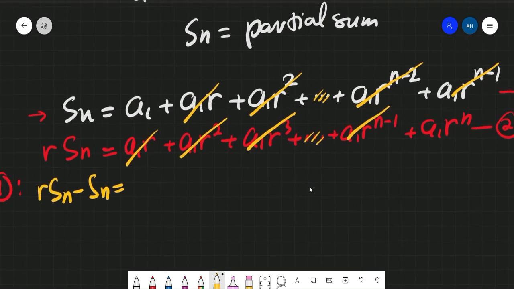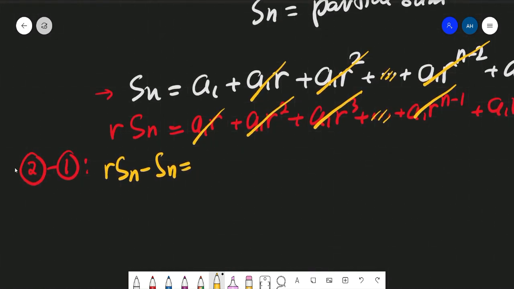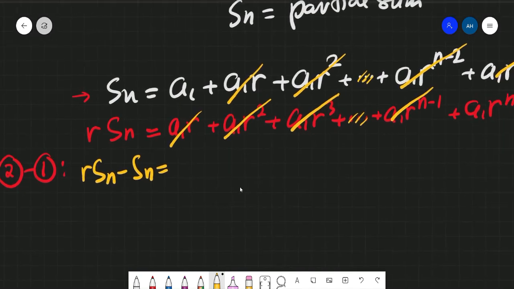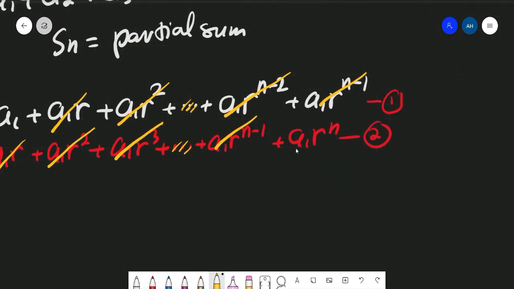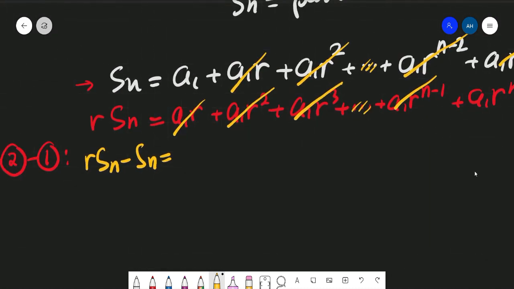So what's left after we do this operation, that is 2 minus 1? On the right hand side we have only a1 and a1 multiplied by r to the power n. Because the term a1 we don't have in equation 2, 0 minus a1 is negative a1.